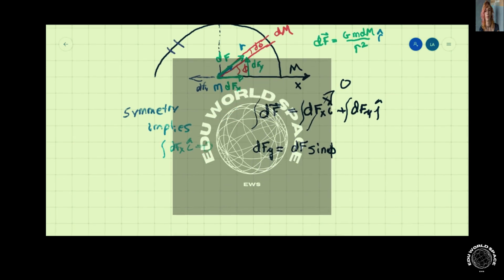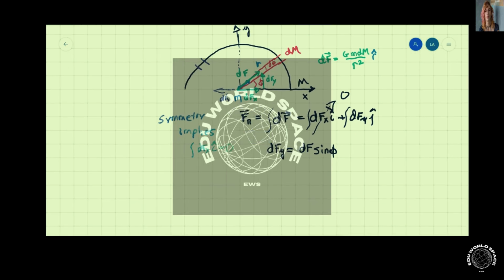So we can plug that into our integration, and I'm just going to write this as F net equals the integral of dF sine of phi times j. Well, dF, the magnitude at least, is given by this expression right here.